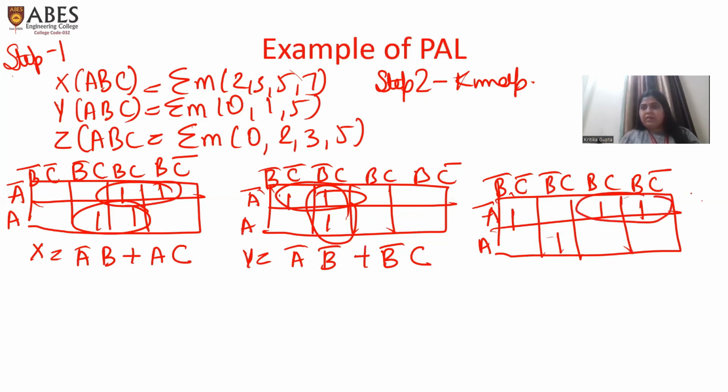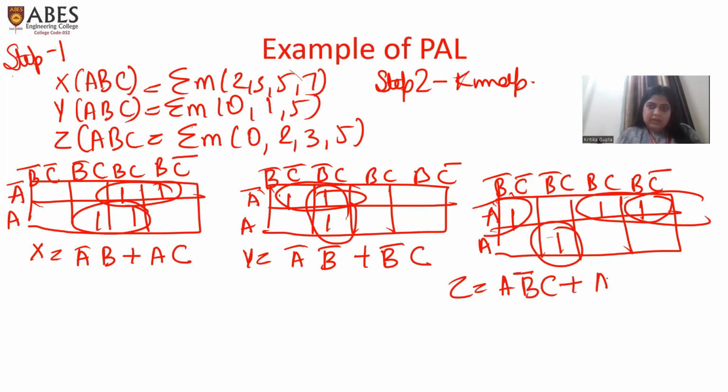One pair from there, another pair, and for this only single pairing. So for Z, the equation is A B bar C plus A bar B plus A bar C bar. Let me check.